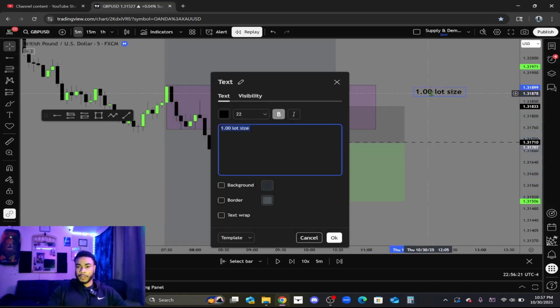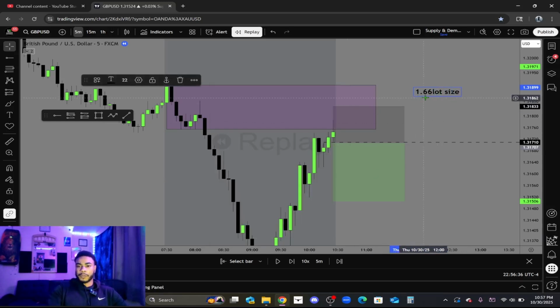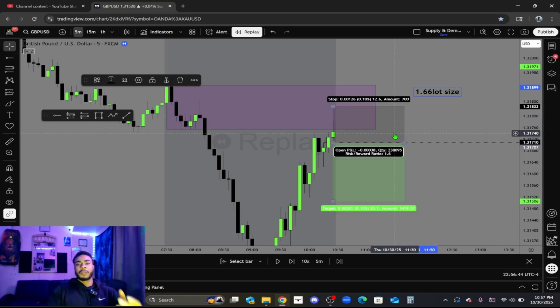So it's going to be 1.66 lot size to be risking $200 with a 12 pip stop loss.